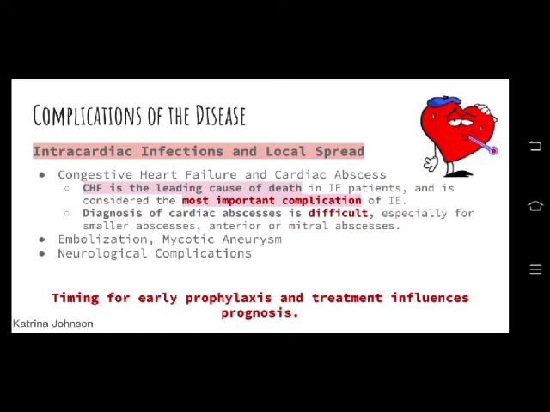Let's start off with talking about stroke, because this falls under neurological complications, of course. So we have ischemic and we also have hemorrhagic stroke. These two are important neurological complications, and they actually occur fairly frequently in patients with infective endocarditis, most likely due to uncontrolled infection in certain patients.